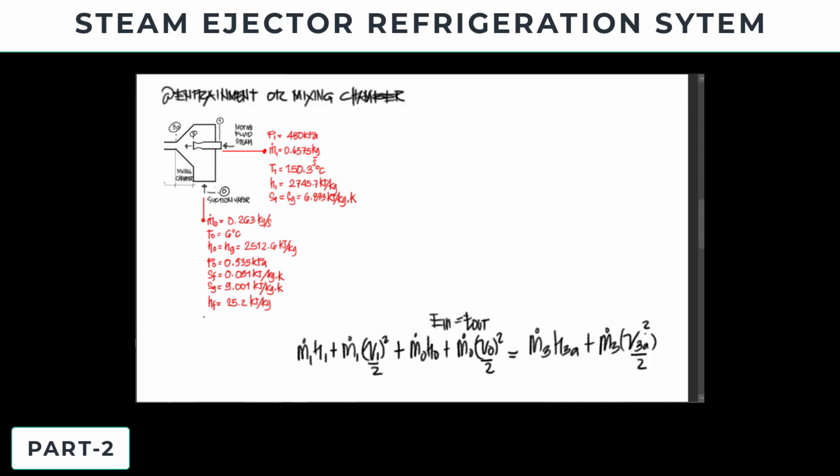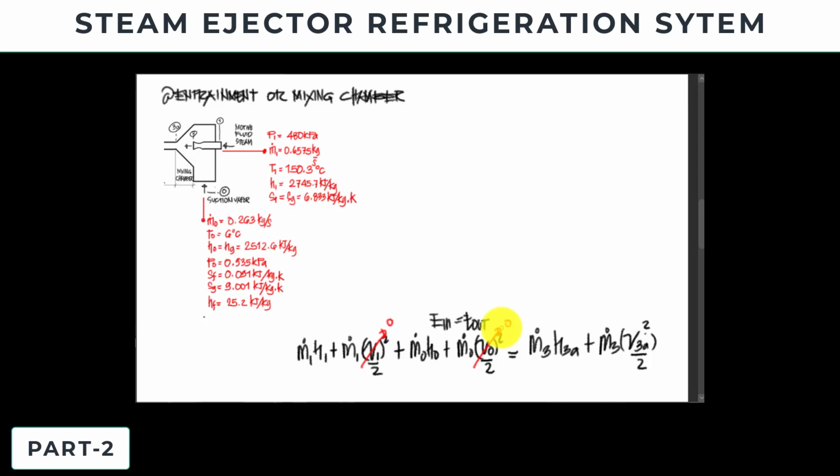Examining the equation here, we have the value of enthalpy 1 and mass flow rate 1. For the velocity at point 1, I'm going to zero this out since this is not given. And also, we don't have the value of velocity at point O, so I'm going to cancel this one also. We're going to assume that it is 0.